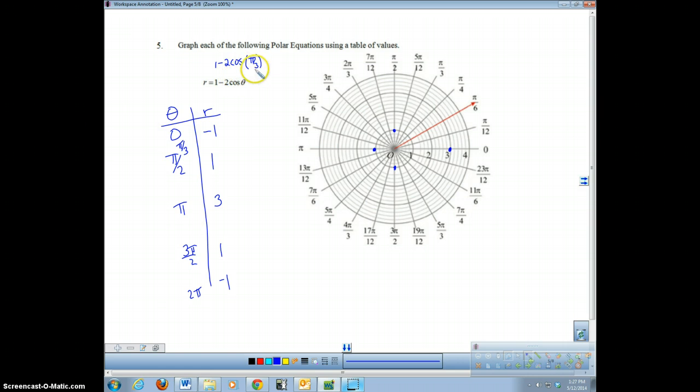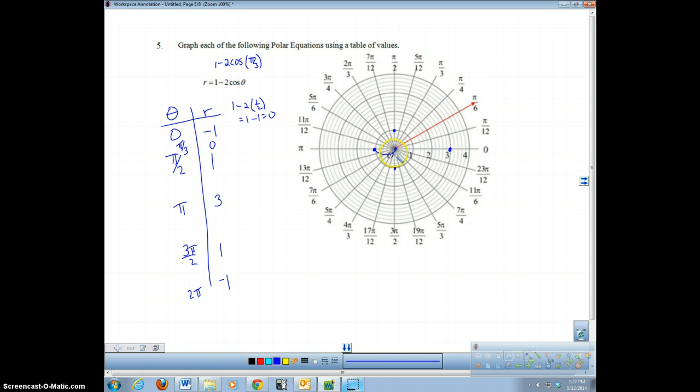The cosine of pi over 3 is 1/2, so I get 1 minus 2 times 1/2, which is 1 minus 1, which is 0. So I'd actually have 0 in here. So it goes from negative 1 to 0. So it goes like this. Oh, see, we can see our loop in here now.